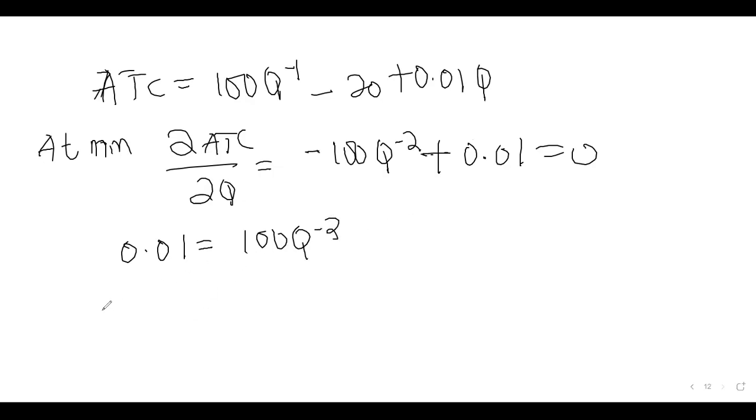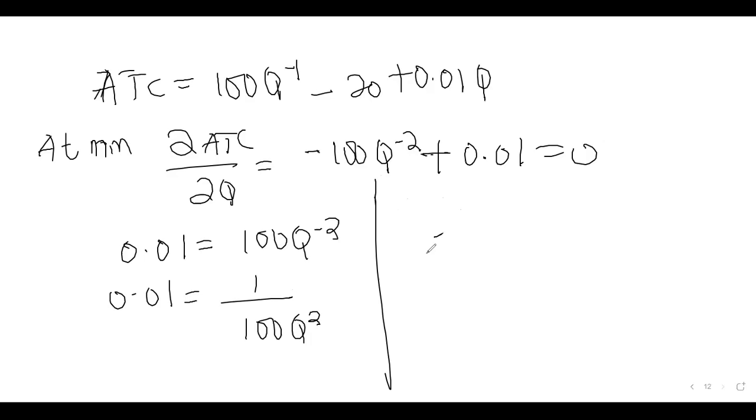Now, this is the same as saying 0.01 is equal to 1 over 100Q squared, because this thing is an inverse, so we can do 1 over that. 1 over 100 is the same as saying 0.01.